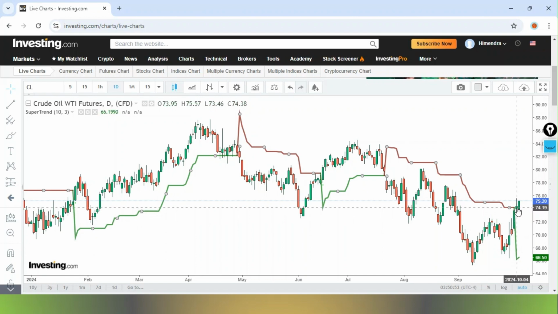In fact, it has given a breakout yesterday. So if you entered today at 73.81, you are already earning $2 per lot.